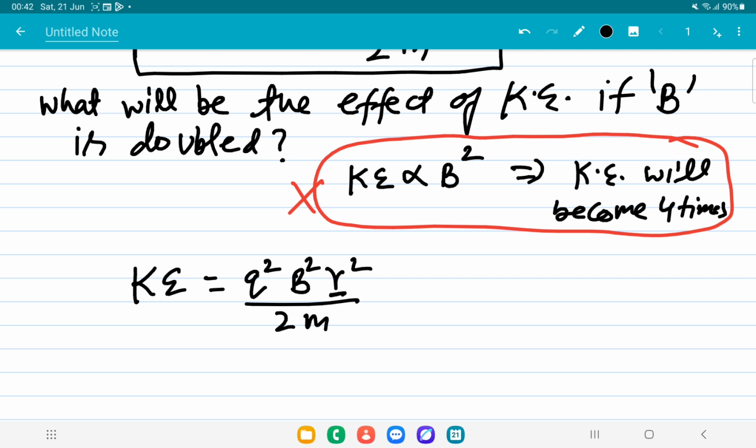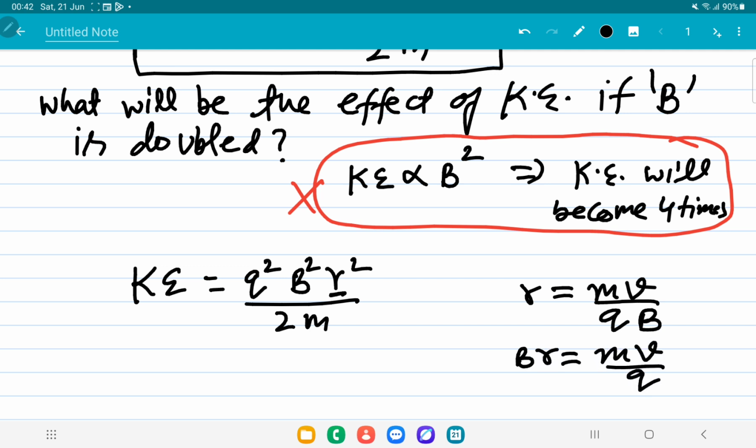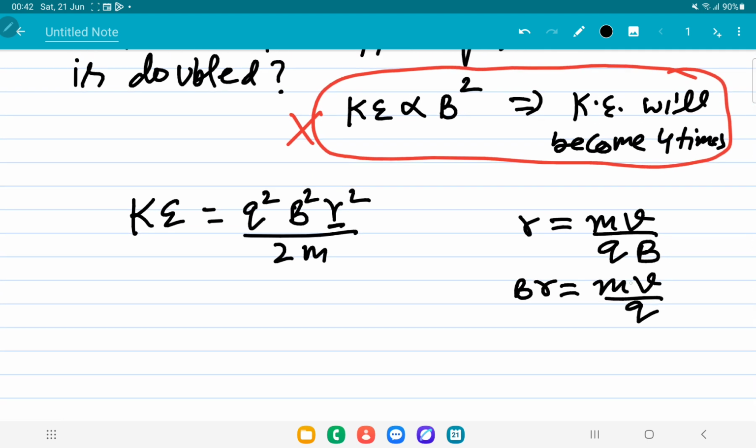So if we are changing B, not only B is changing, the radius term will also modify its value. So we need to again consider that r is equal to mv upon qB. So from here you can write Br is equal to mv upon q. And if I see this, then doubling the magnetic field is not going to affect the value of Br as a whole. Or you can say, if magnetic field is doubled, radius is halved.